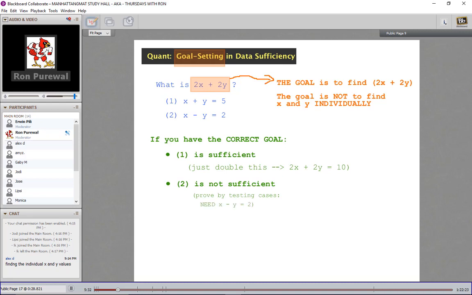So if x is 2 and y is 0, then 2x plus 2y is 4. If x is 102 and y is 100, well, we know it's a lot more than 4. So that's 2 different answers. Not sufficient. Okay.